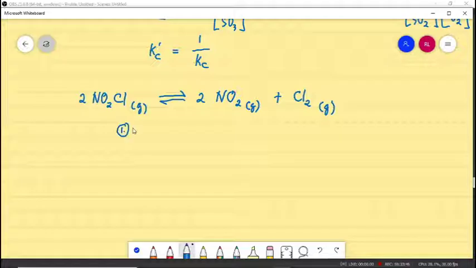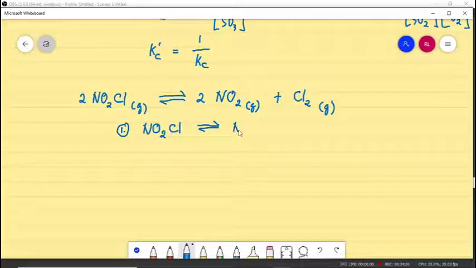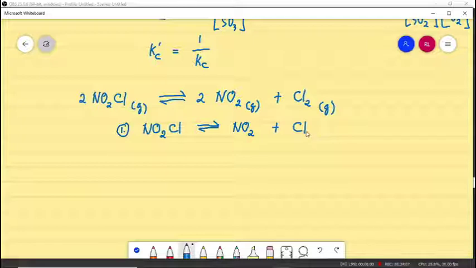Paunti-unti. At first, nitrogen dioxide and monatomic chlorine gas were formed.